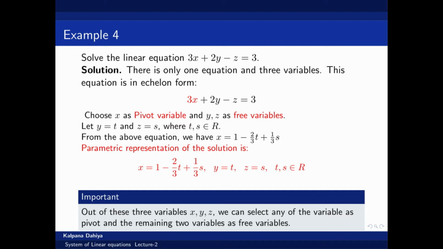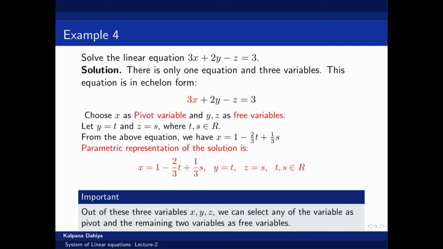Now consider this example. It is a linear equation in 3 variables x, y and z. We can represent this equation in echelon form as 3x plus 2y minus z equal to 3. So here 3x is the first unknown, that is the leading unknown. We call this one the pivot variable, and y and z are free variables. So according to the theorem, we can assign any real value to these free variables.